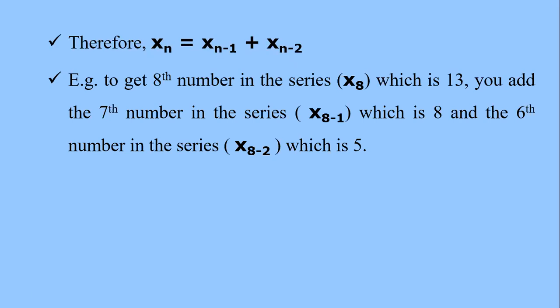And the 6th number in the series, that means 8 minus 2, 6, which is 5. So 5 plus 8, you get 13. So to get the 8th number in the series, you add the 7th number plus the 6th number in the series.